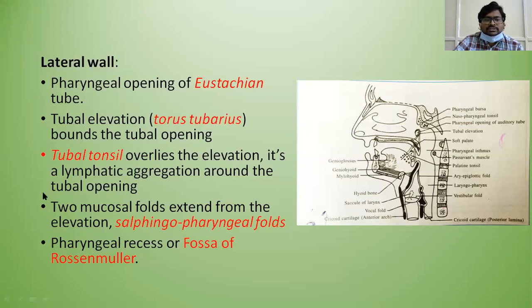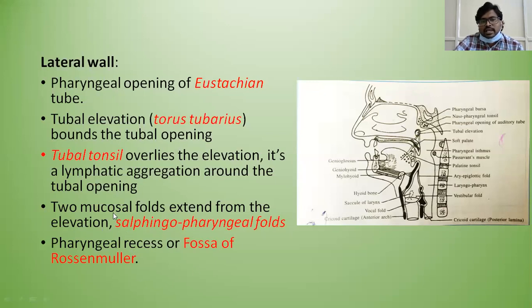Another important structure present in the lateral wall of the nasopharynx are the salpingopharyngeal folds. They start from the inferior border of the eustachian tube opening and they reflect onto the soft palate. They are two in number. These are salpingopharyngeal folds.